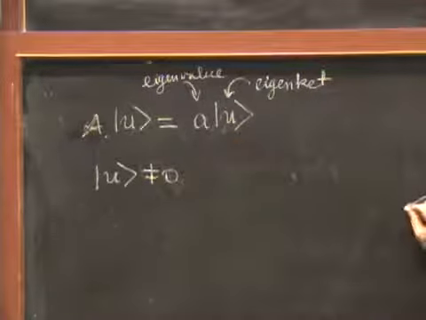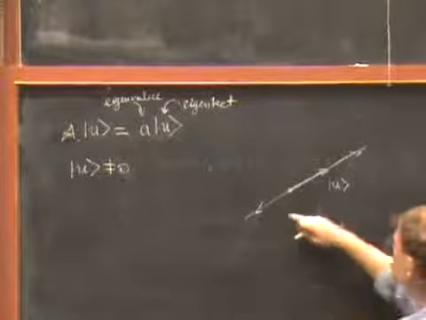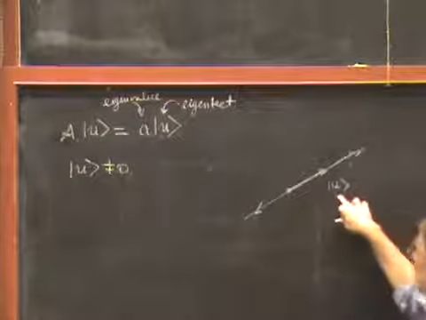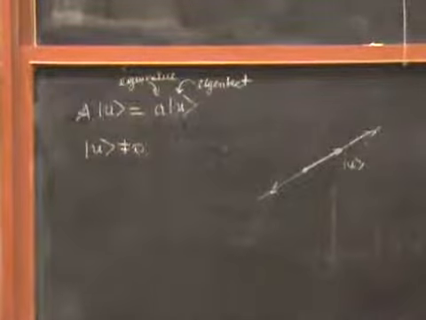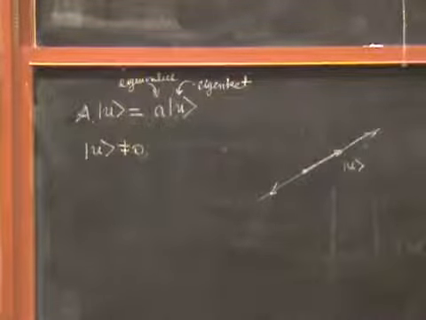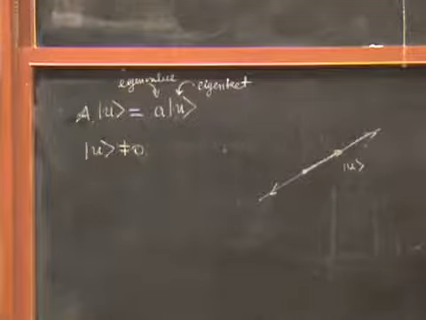Or to say it another way, if I take this non-zero ket U and multiply it by any factor I want, it could be a negative factor as well. And since these are complex vector spaces, it could be really complex numbers, including phases and so on. But in any case, from a given non-zero ket, you can construct a whole one-dimensional subspace of eigenkets. You could call this an eigenray if you want. In some sense, this equation really determines an eigenray rather than a single eigenvector.